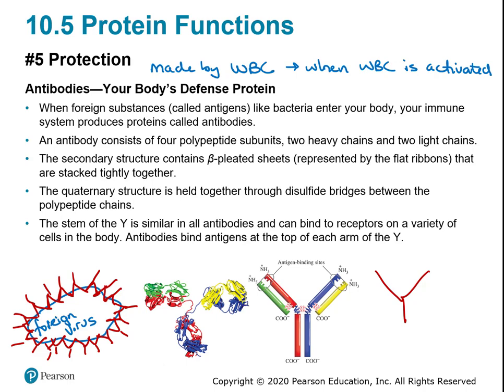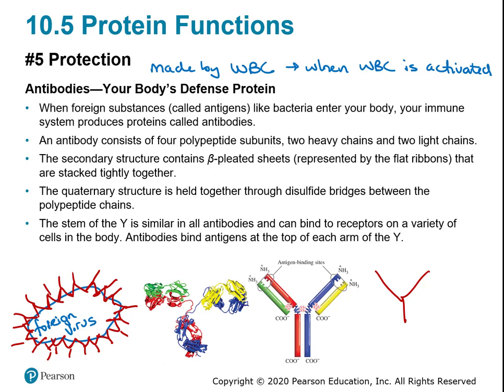5 was protection. Good example of protection, antibodies. So antibodies are made by white blood cells. When your body is infected by a virus or a bacteria, white blood cells figure out that there's a foreign substance that's present and they begin to make a protein. The protein, antibodies, stick to the foreign cell or the infected cell, and that marks that cell as foreign.